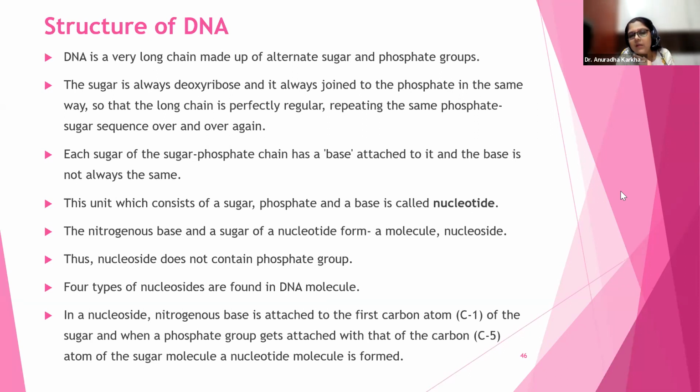Now what will happen? There's always going to be a phosphate at the 5th carbon position. So remember this, that the phosphate group is always present at the 5th carbon of the sugars.